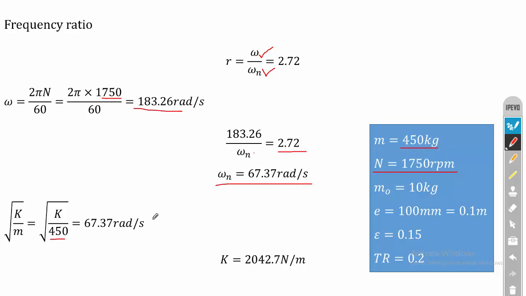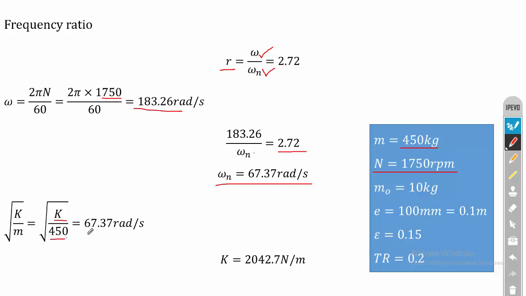Okay, so first initially I have substituted the value of transmissibility ratio and I have calculated the R value, frequency ratio. Then from the R value I have substituted omega and I have calculated omega n. Then from the omega n I am going to calculate the k value by substituting the value of mass.